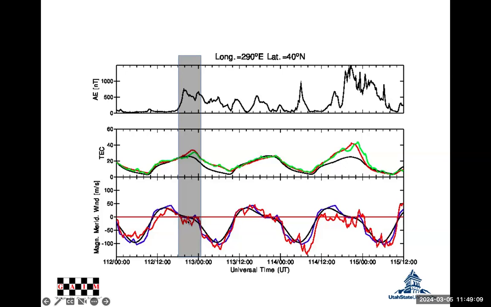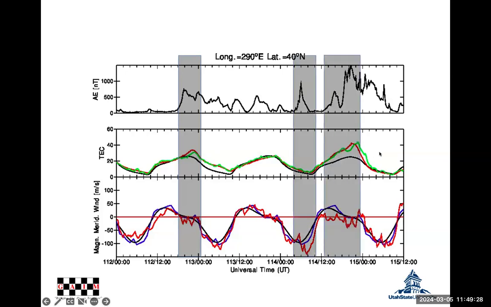And of maybe 20 meters per second, that caused this enhancement in TEC that then, interestingly, lingered throughout the entire night. The time constant through the night is several hours here. And then we have similar things, later into the storm here, where we can use the model to understand what's going on.